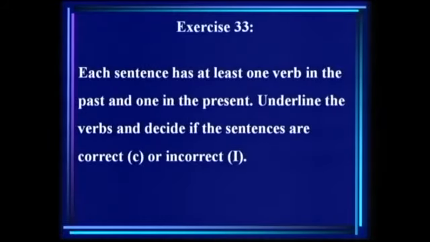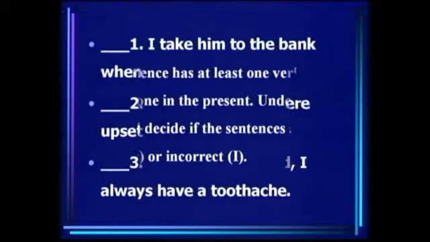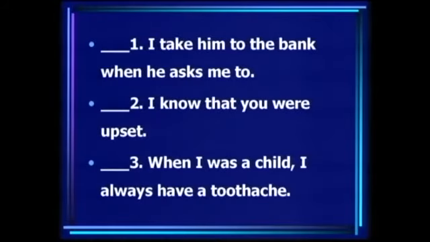طيب let's look at exercise 33. Each sentence has at least one verb in the past and one in the present. Underline the verbs and decide if the sentences are correct or incorrect. طيب احنا هنعمل دول orally وبعدين هنبص على الانسر كي.